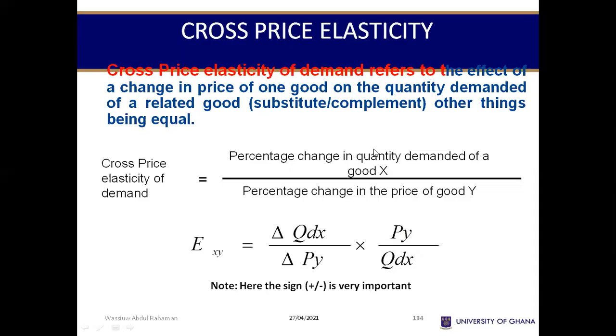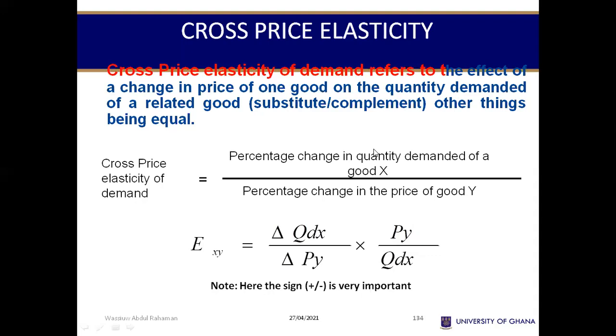So to measure the extent to which the change in the price of one commodity affects the demand for another commodity, we use the concept of cross price elasticity of demand. It measures how demand for a particular product responds to changes in the price of another product. So that's what we call the cross price elasticity of demand.